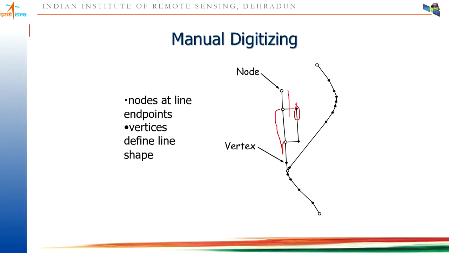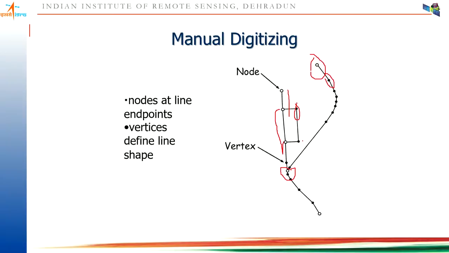As we understand in geometry, all vertices are not nodes. Nodes are only those at the start or end of a feature, and intermediate vertices are simply called vertices. So here one vertex, two vertices, 3, 4, 5, 6, 7, and we have one node here and one node here. Basically, nodes define the boundaries, and intermediate vertices define the shape of a linear feature.